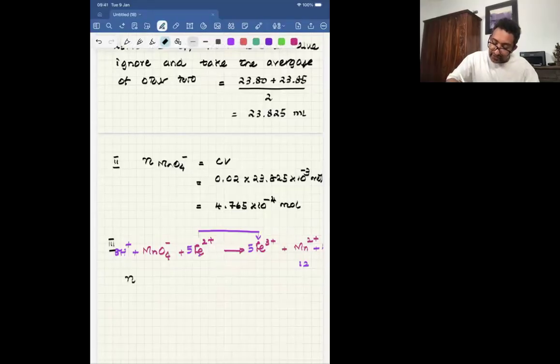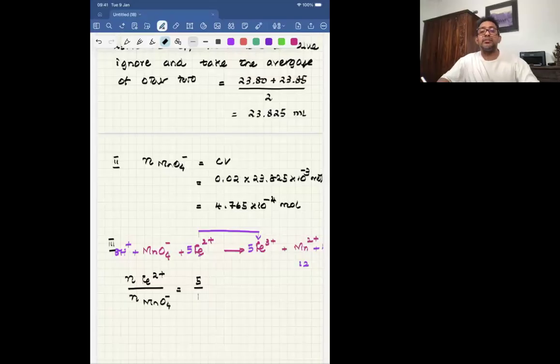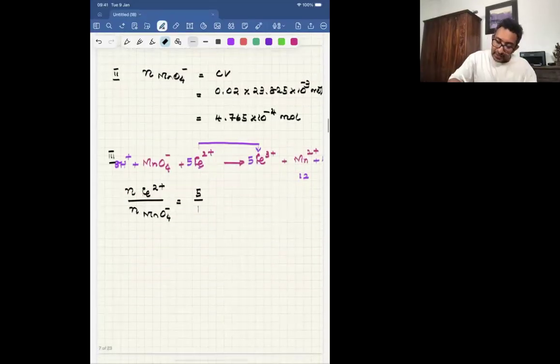Number of moles of Fe2+ to number of moles of permanganate. What is the stoichiometry? Fe2+ is 5, permanganate is 1. So what is the number of moles of Fe2+? Number of moles of Fe2+ is 5 times the permanganate.